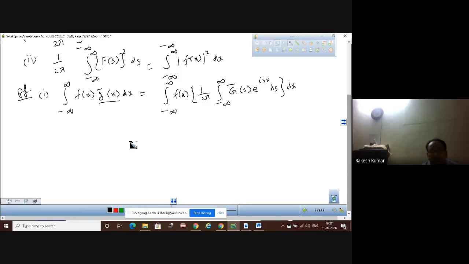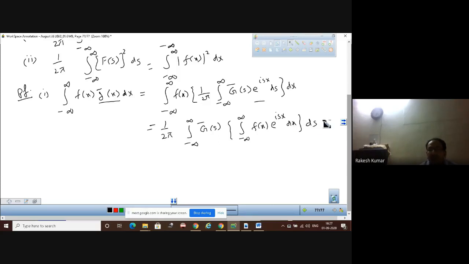This is by the definition of inversion formula, and 1 upon 2 pi is like a constant. So 1 upon 2 pi integral from minus infinity to infinity. Now here the integration is with respect to s, then with respect to x. So we will change the order of integration, and then it will become g bar s, and in the bracket it will be integral from minus infinity to infinity of f of x e raised to power iota s x dx.